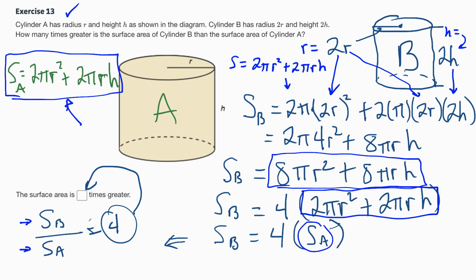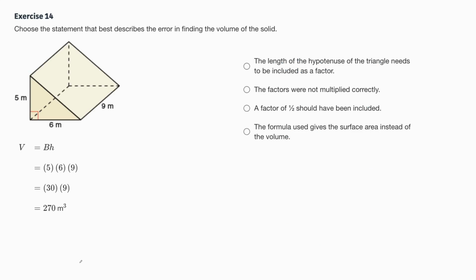So that means the surface area of B is 4 times greater than the surface area of A. All right, so that's one you'll have to work out.